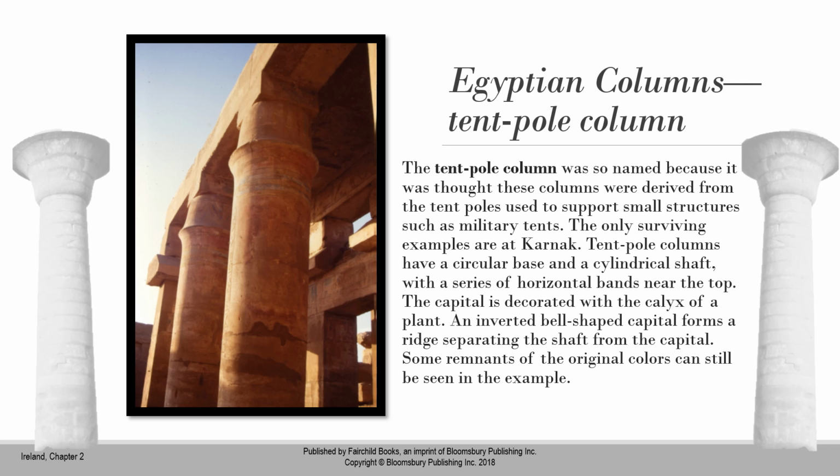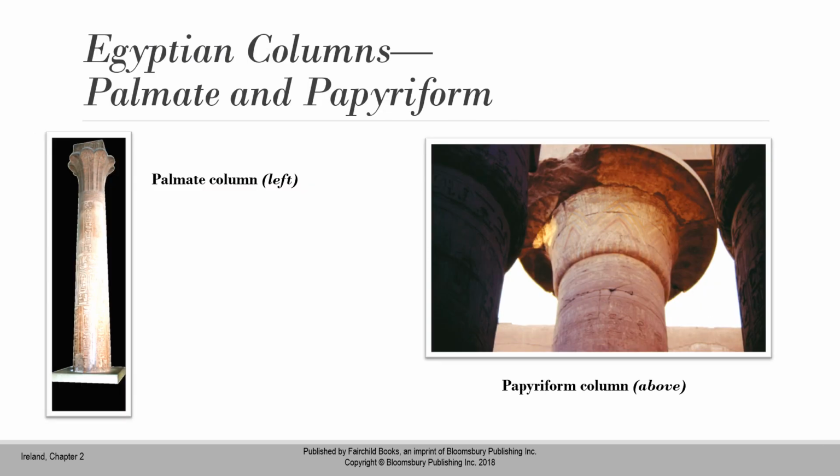Tent pole columns, constructed of brick, are stone representations of wooden poles. One of the earliest of Egyptian structures, but their use is questionable in terms of where they've derived from.